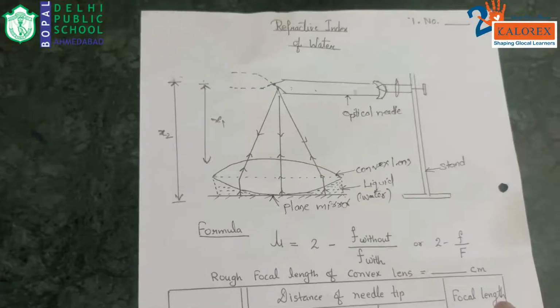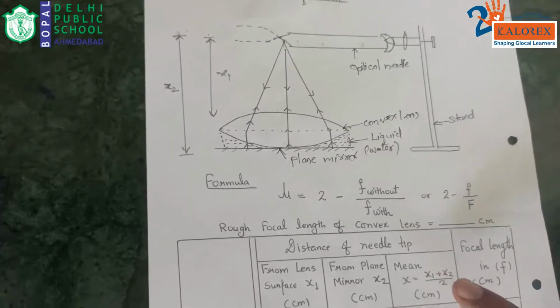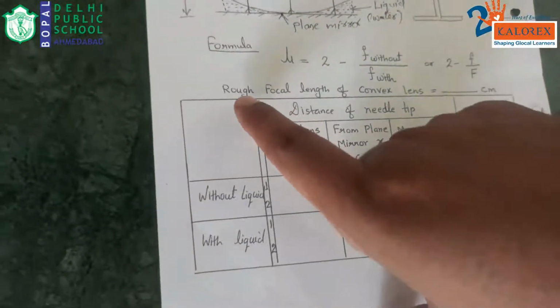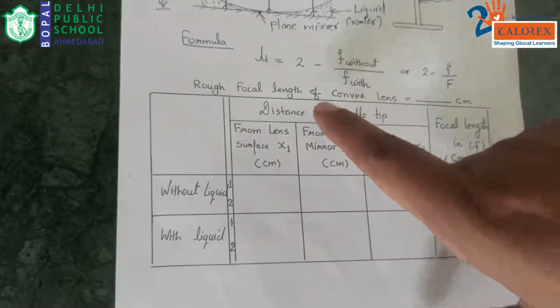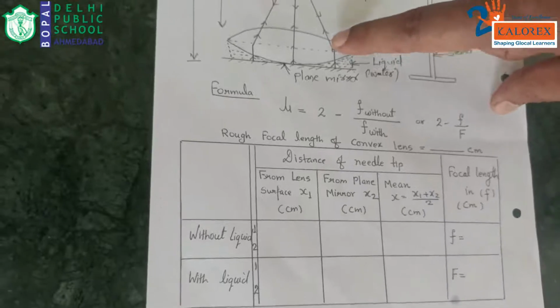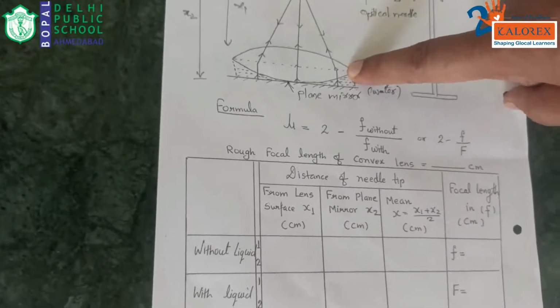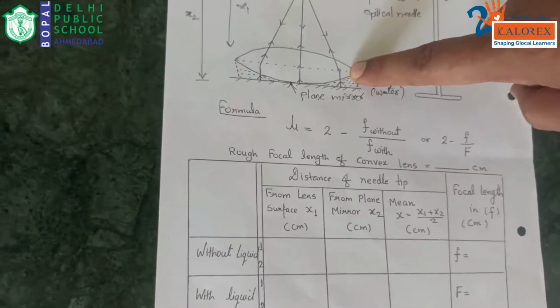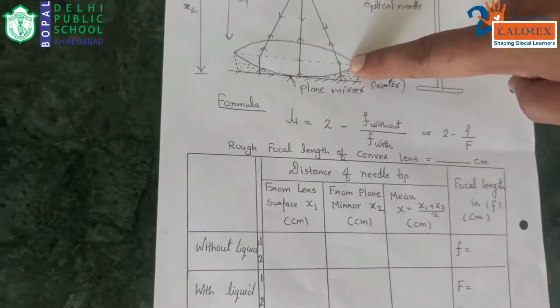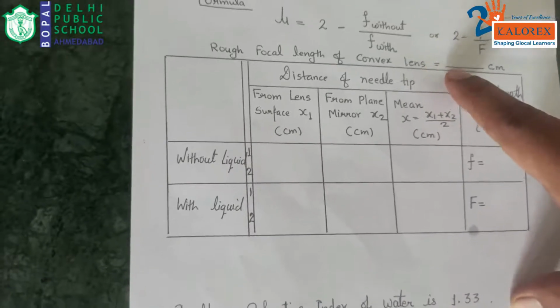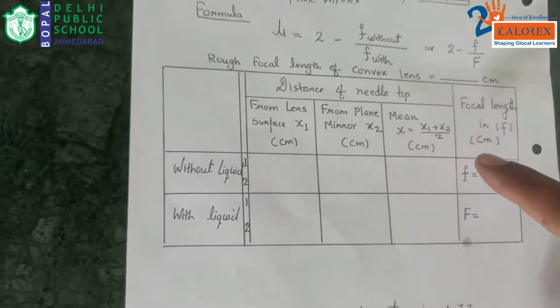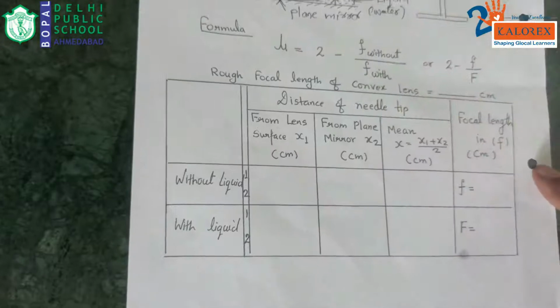Let us see how the observation table is taken. Before that, we take a rough focal length of the convex lens, using the distant object method, which you have done in class 10. We write that reading here, and below that we form an observation table.